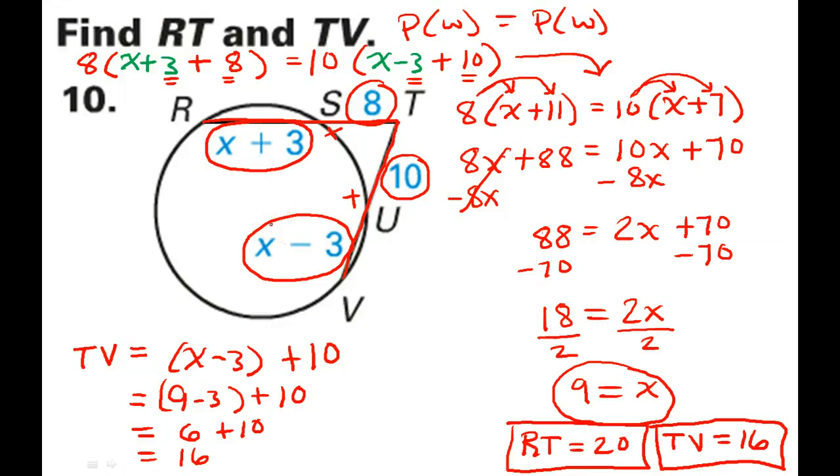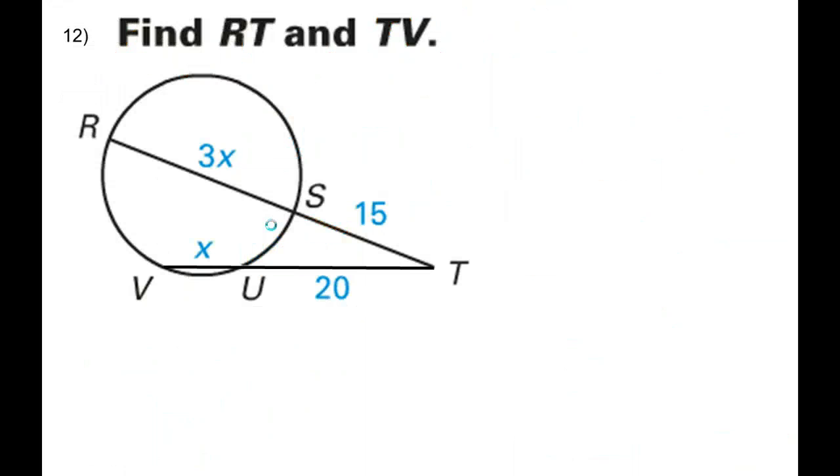Let's move on to number 12. Okay, again, we're asked to find these expressions, so whatever we find for x, we're going to have to plug it back in. So this is outside the circle, so once again, I'm doing part times whole equals part times whole, where the part is always the outer part.